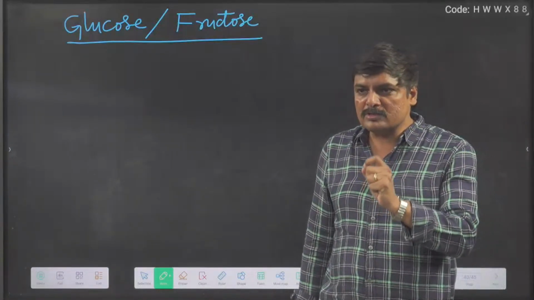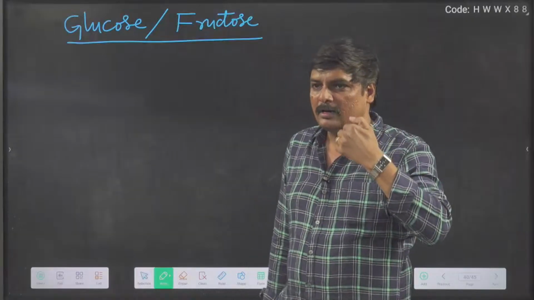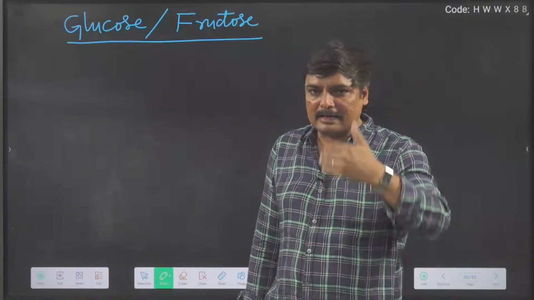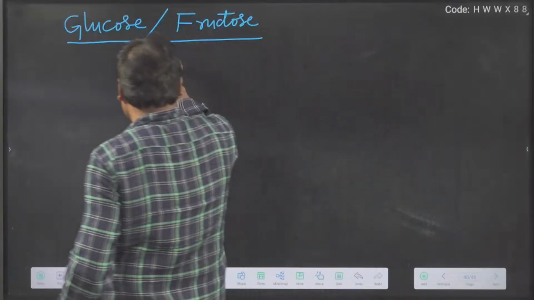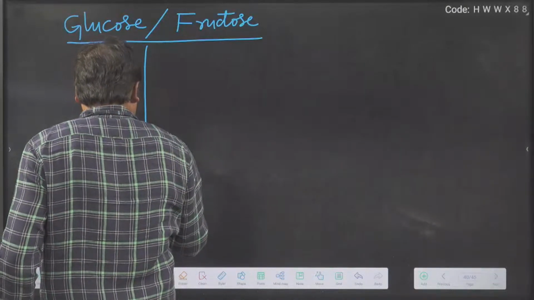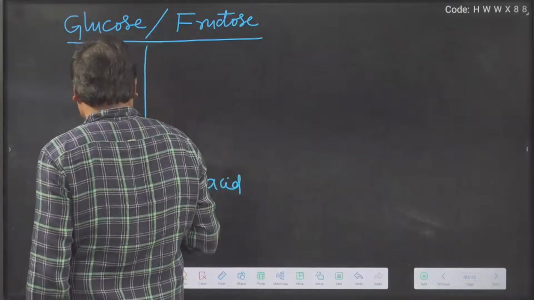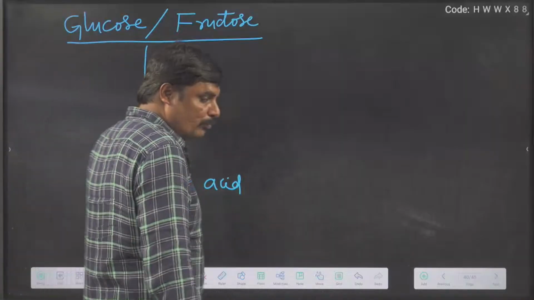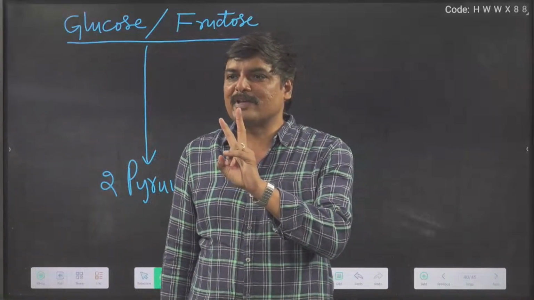This glucose or fructose undergoes a catalytic breakdown process and produces pyruvic acid. One molecule of glucose breaks down into two molecules of pyruvic acid.